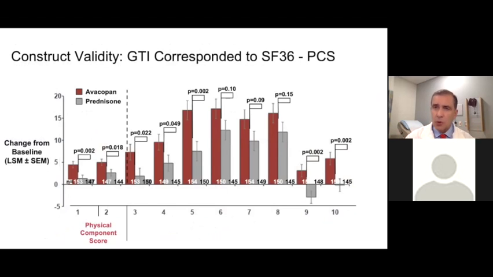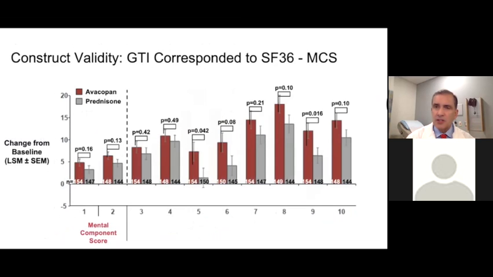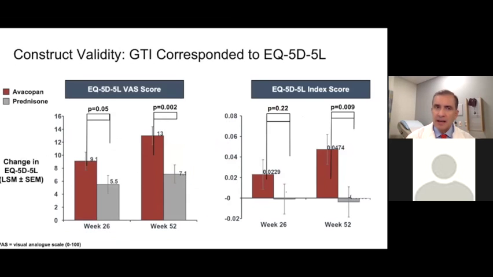So the differences were quite stark for both the physical component score, or PCS, of the SF-36, and also the mental component score, or MCS, shown here. And also for another quality of life measure, another PROM, the EuroQol. Striking differences at both 26 weeks and at 52 weeks.